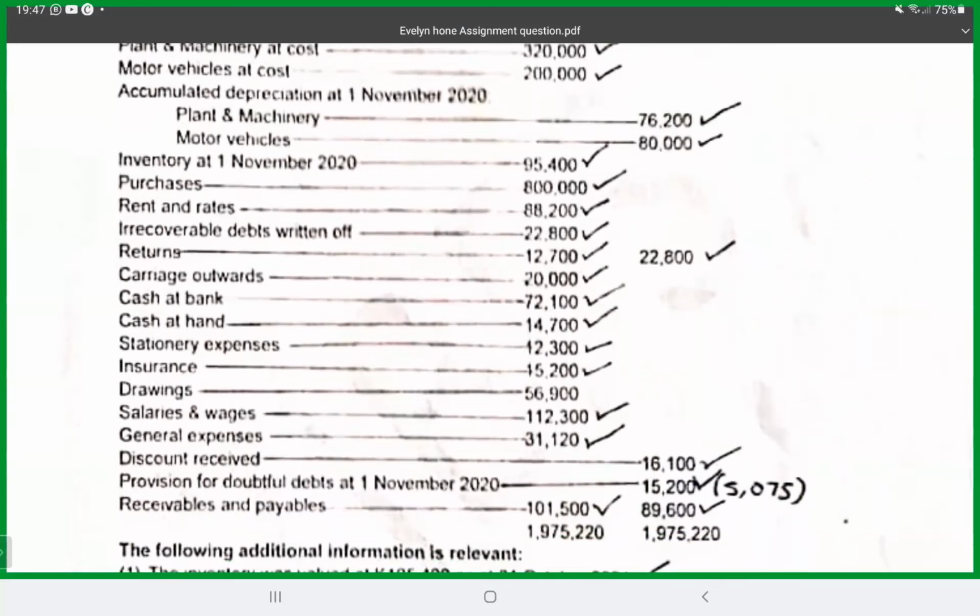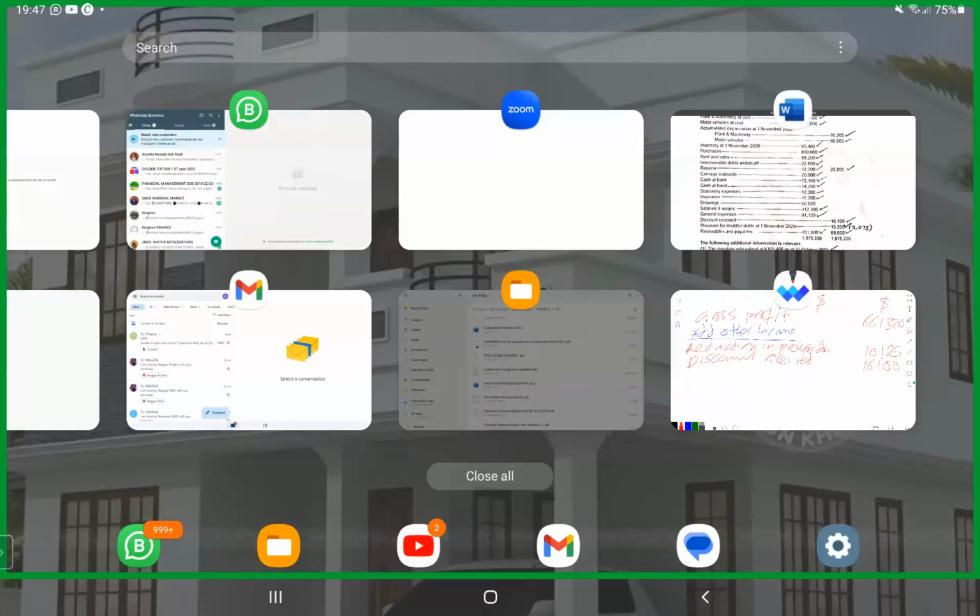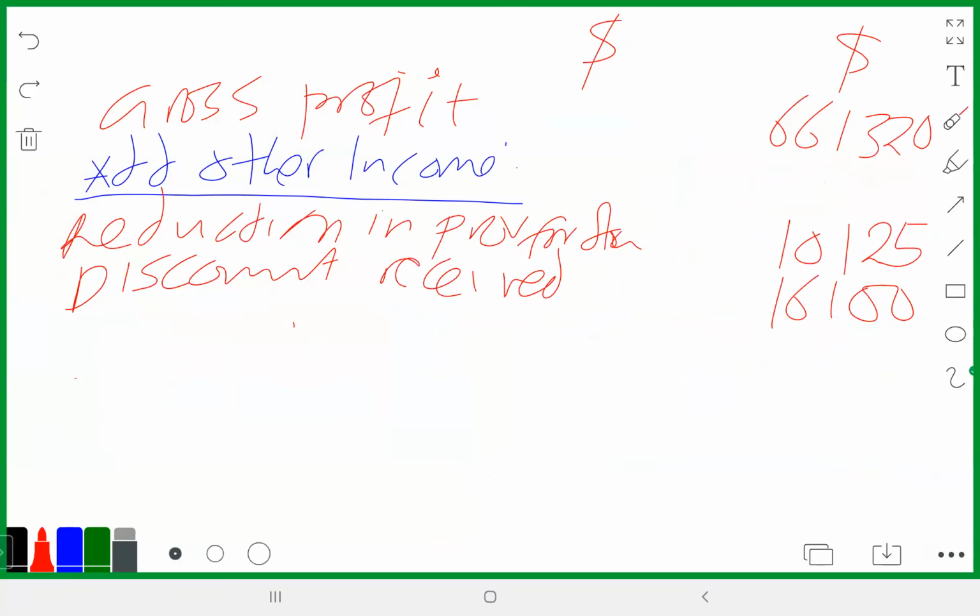If it is just rent, then it is an expense. But if it is received, it should indicate that rent received, which means we received the rent as a business. So we don't have any other income. Then we can just total up all of them so that we can have total income.